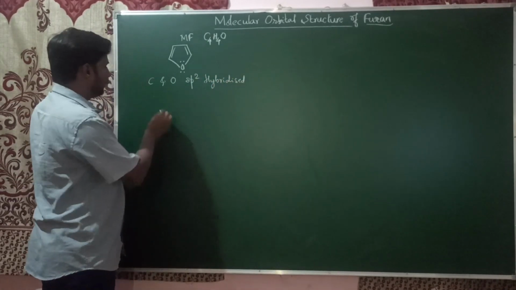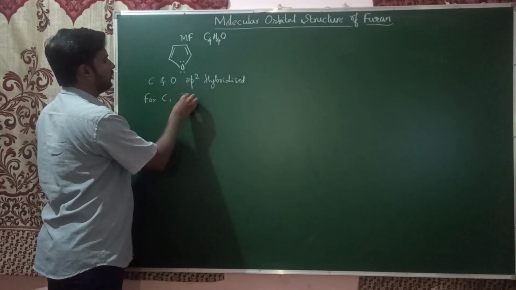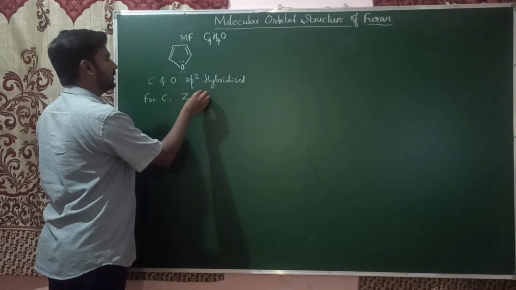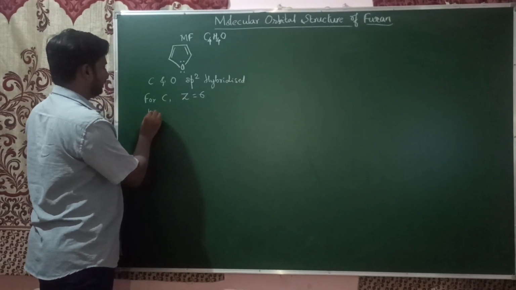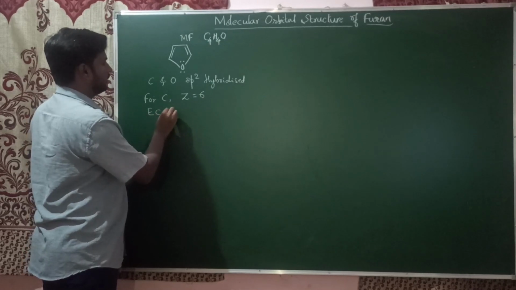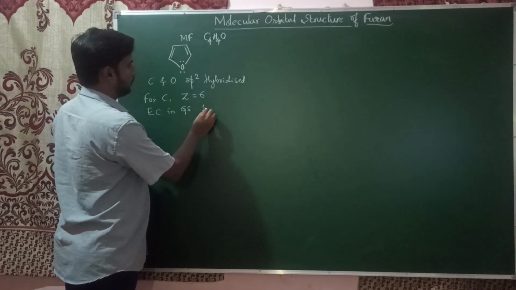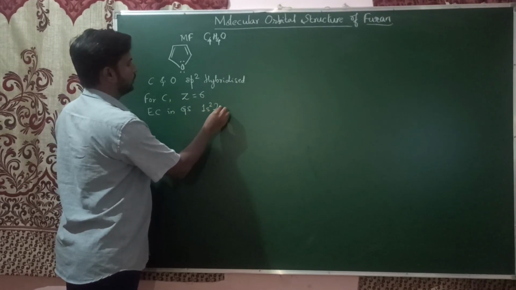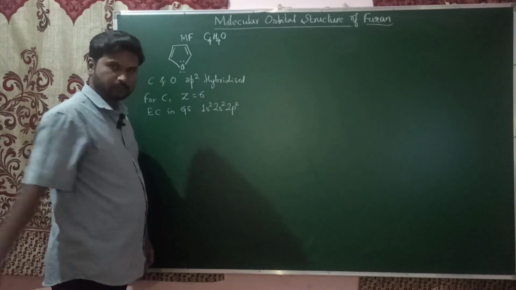For the carbon atom, the atomic number of carbon is 6. Its electronic configuration in ground state is 1s2, 2s2, 2p2.